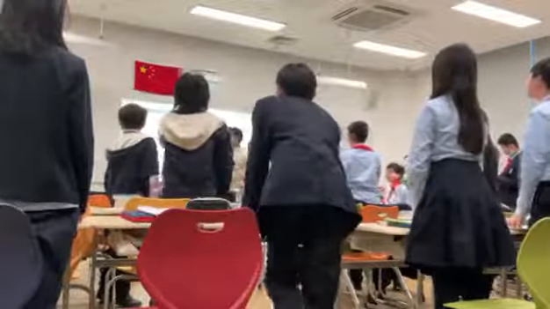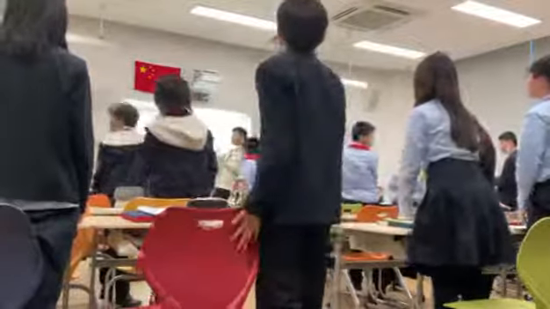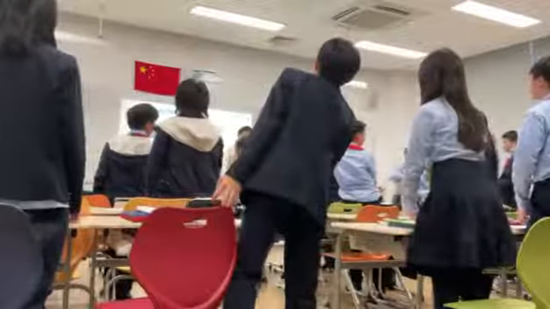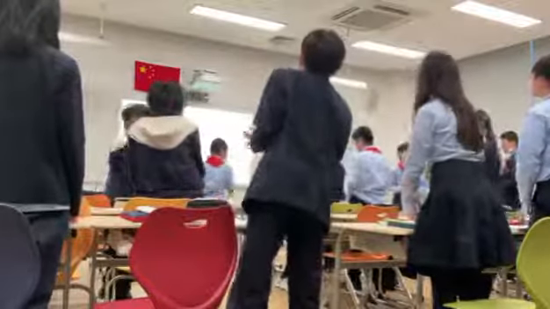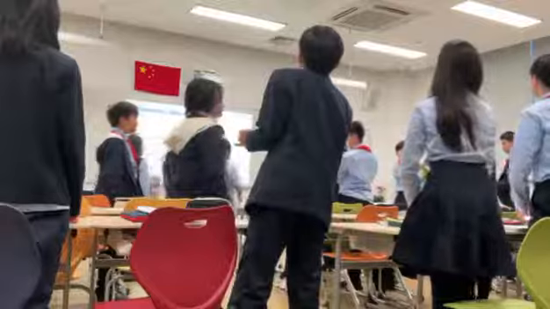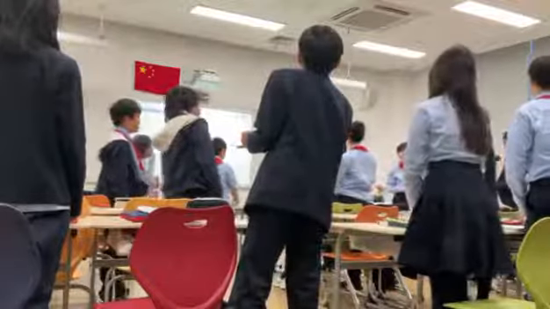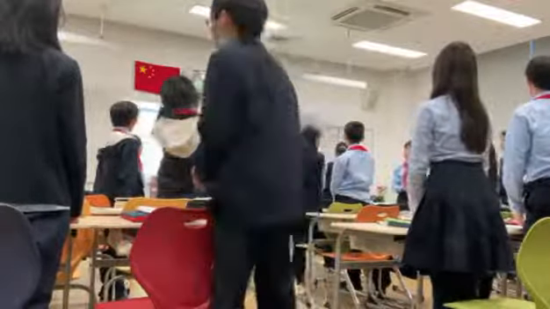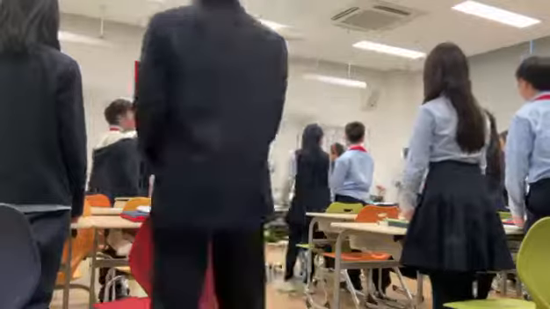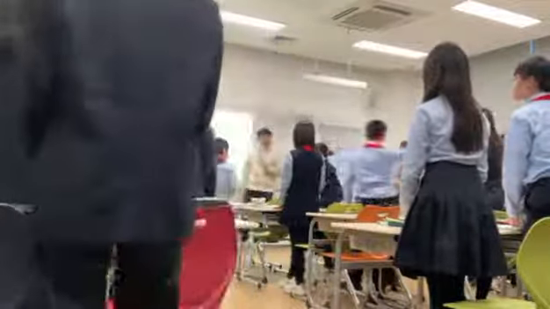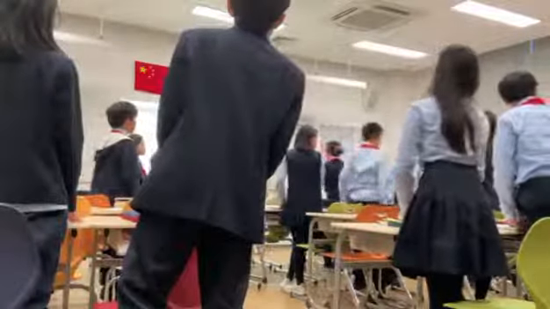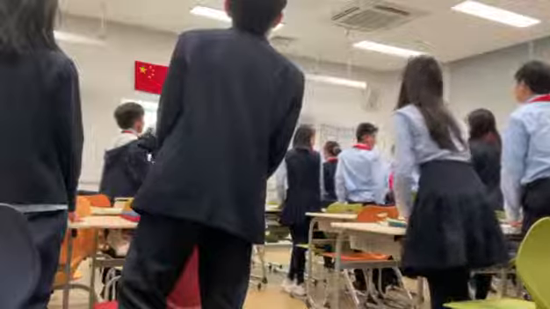A decomposer is an organism that... Let me see. Looks like 1B. More than 50% of people think option A is the correct answer. And only 1 student agrees with C, 1 agrees with B. Oh my god, how dare you two. Alright, sit down, go back.